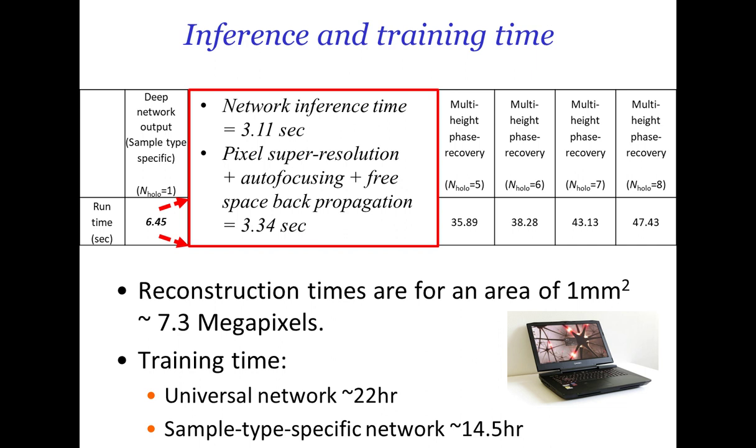If you use 5 different sample-to-sensor distances, it's about 35 seconds. Our neural net is fairly fast, and it saves time because of the non-iterative nature of its inference. At the same time, it also reduces the number of image acquisition steps.